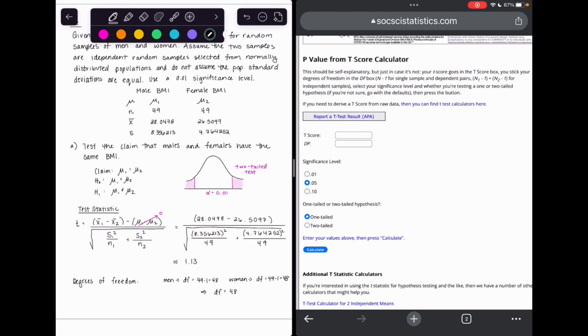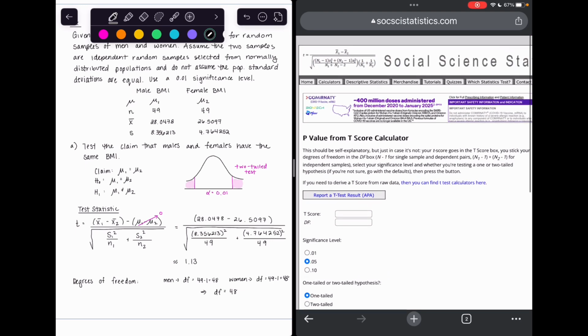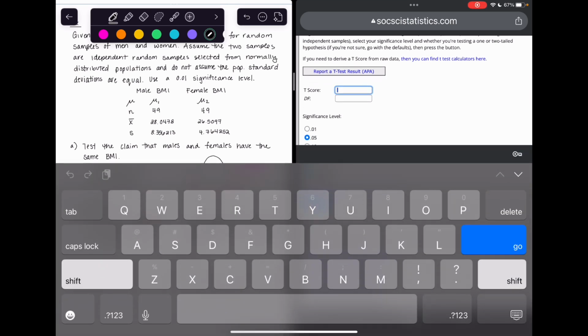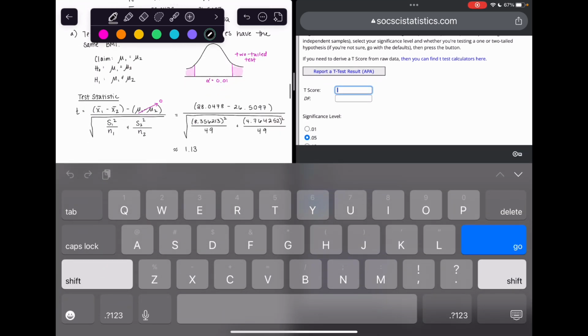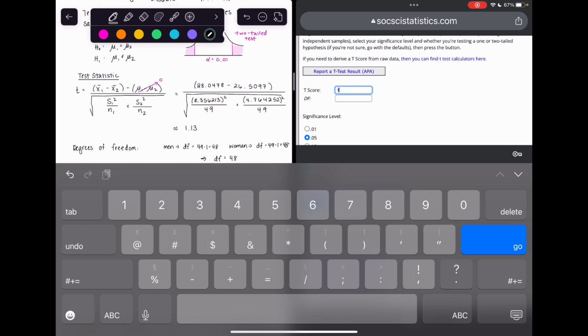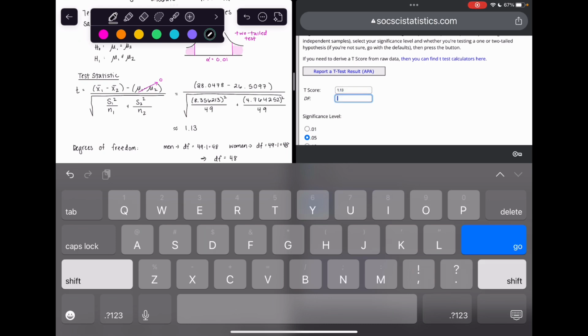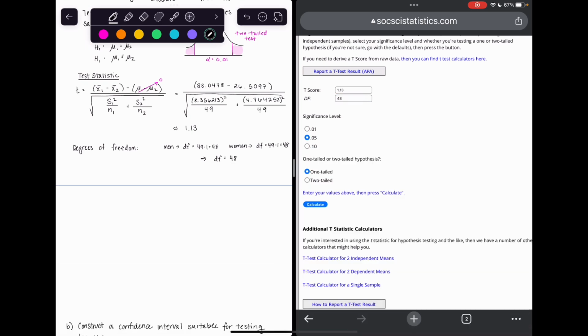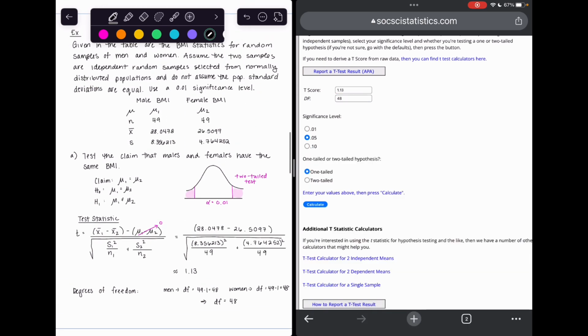So going through my online calculator, this one's from Social Science Statistics. My t-score that we just figured out is going to be 1.13. My degrees of freedom is 48. This is a significance level of 0.01, and it is a two-tailed test.